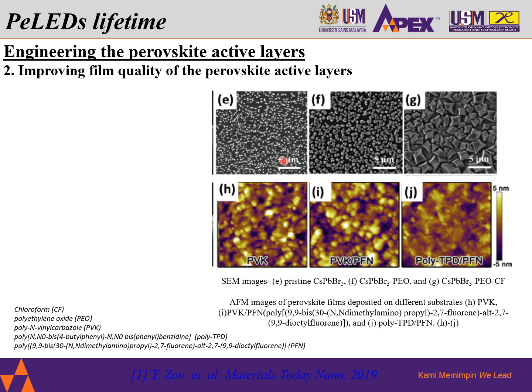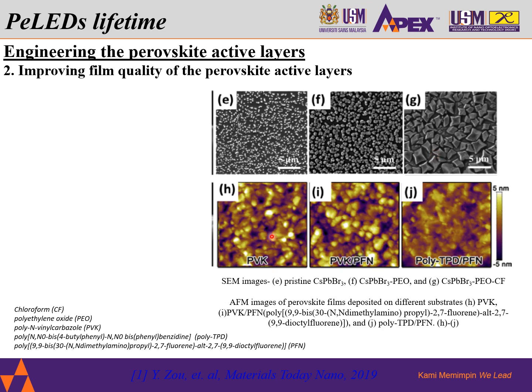You can see the surface scanning electron microscopy (SEM) images for the perovskite films with different kinds of additives. So this one, E, is the CsPbBr3 with the additive, F is the CsPbBr3 PEO, and also G is CsPbBr3 PEO and CEF.